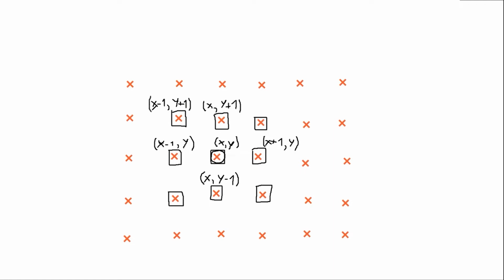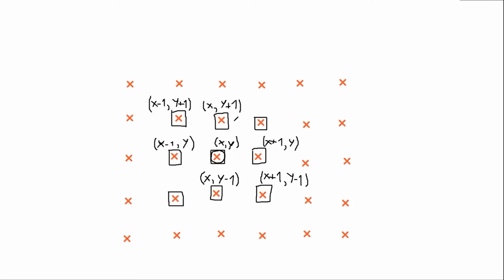Again, not to do all the neighbors, but this one here is X plus 1 and Y minus 1, the opposite of the other one. And these two: this is X minus 1, Y minus 1, and this is X plus 1, Y plus 1.